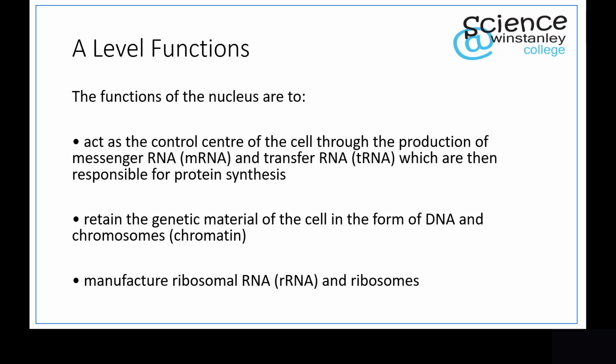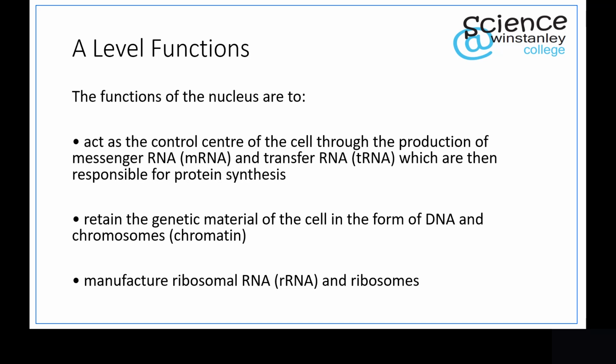If we look now at the functions, A-level style, you can see they're a little bit more detailed compared to what you've learned at GCSE, which was just that the nucleus controls the activities of the cell. Here are 3 bullet points, and these would all be given credit in an exam situation if you were asked what was the function of the nucleus.